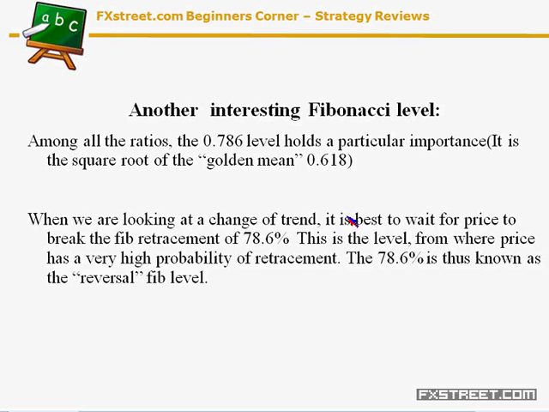Where did this come from? Well, the 78.6% is the square root of the golden level, the golden 61.8%. Among all ranges, the importance of this particular one is that it's known as a reversal Fibonacci level, because it is usually from this level that price has a very high probability of starting a retracement.